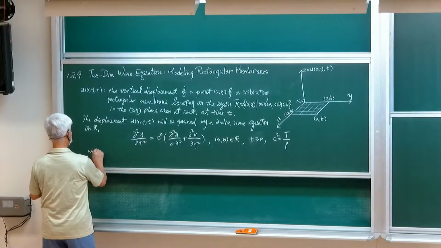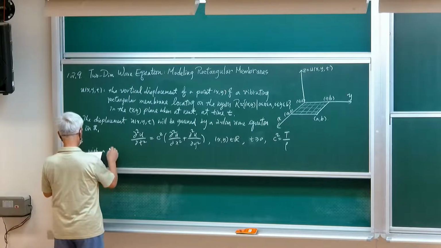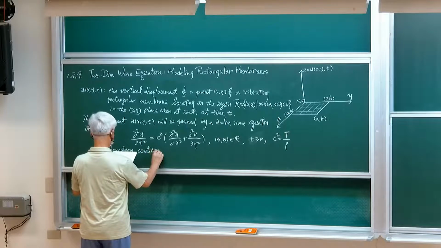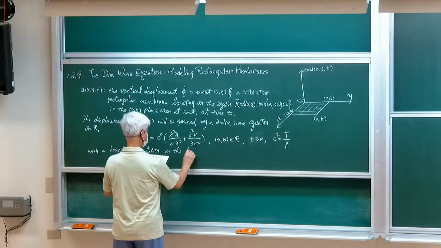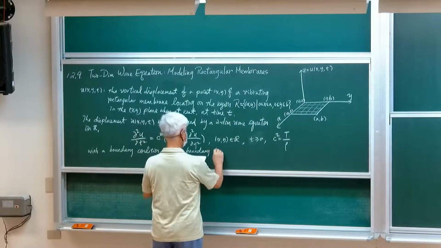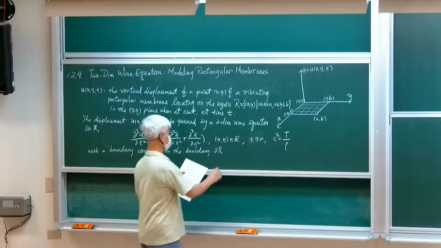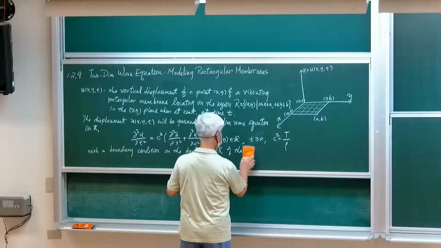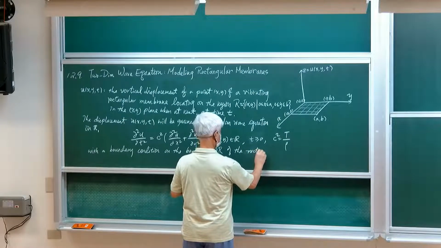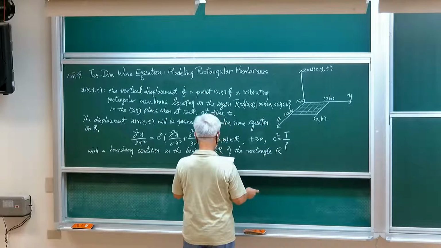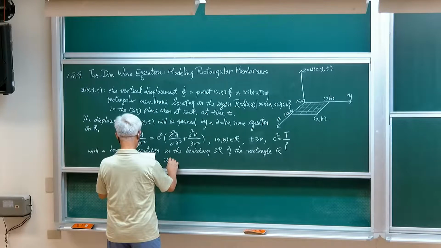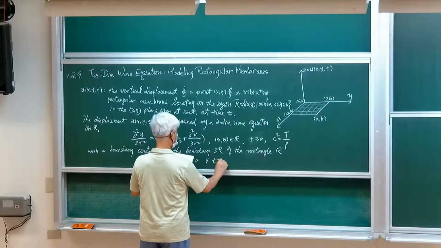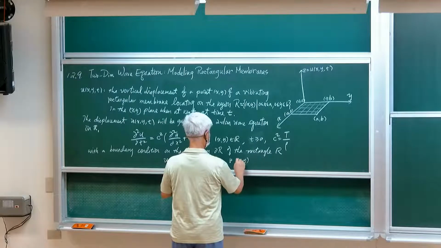And we will impose a boundary condition on the boundary, which we denote as the boundary of the rectangle. u will be equal to 0 for all t and for all x, y in the boundary.